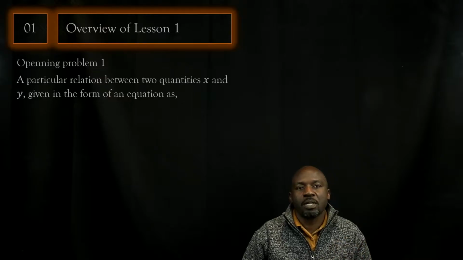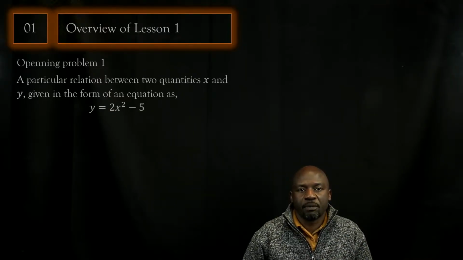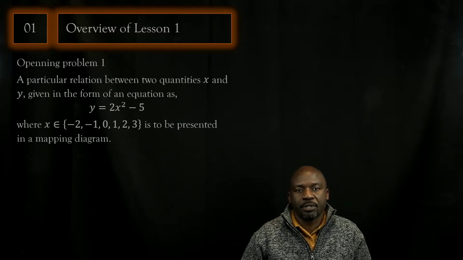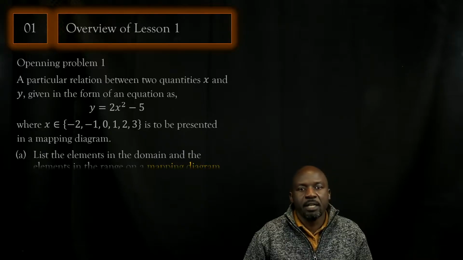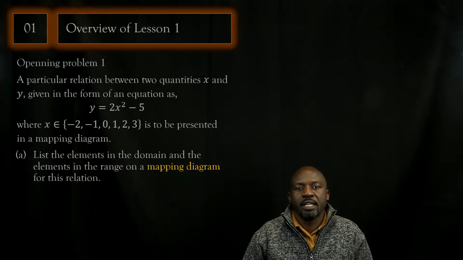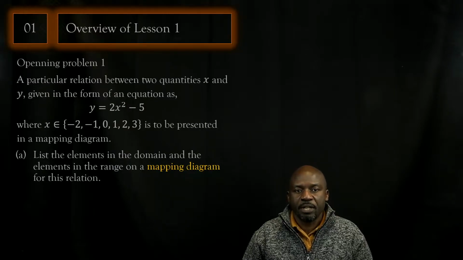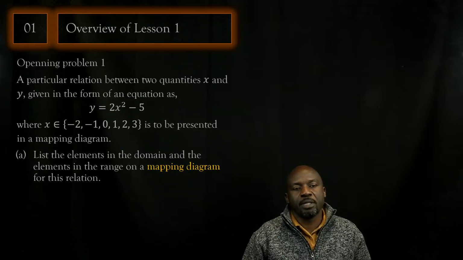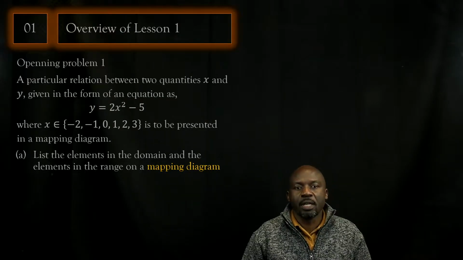This one is given in the form of an equation, where x values are given as such, and it is to be presented in a mapping diagram. The first question says list the elements in the domain and the elements in the range on a mapping diagram. I'm hoping you remember what a mapping diagram is from lesson 1, and so here we go.